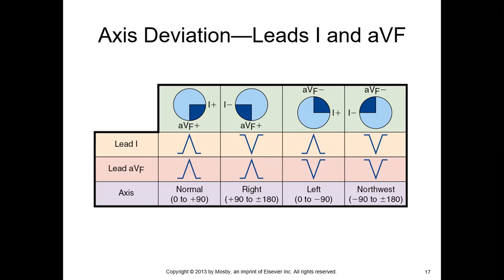Left axis deviation, if the QRS complex is predominantly positive in 1 and negative in aVF, left axis deviation is present. If the QRS is primarily negative in both 1 and aVF, markedly abnormal, indeterminate or northwest axis is present. And this is how they look.